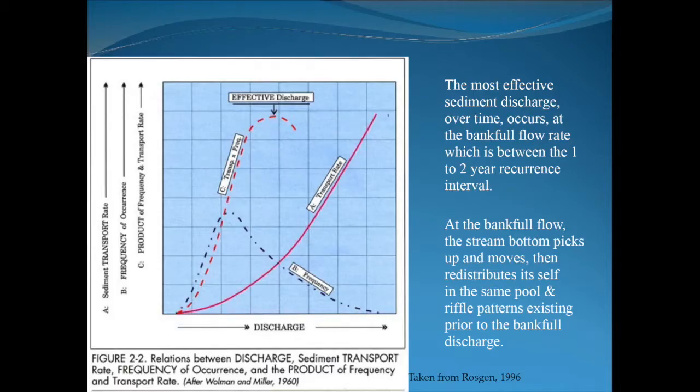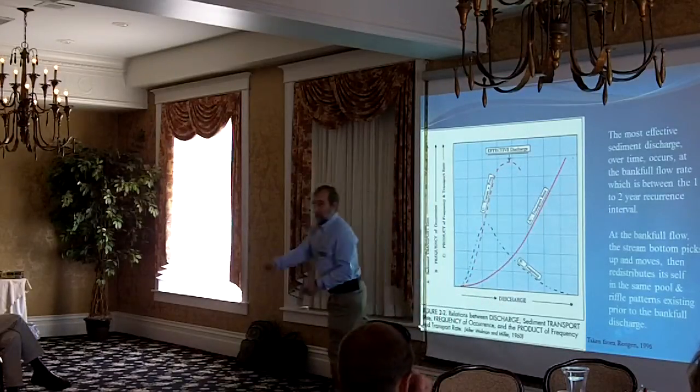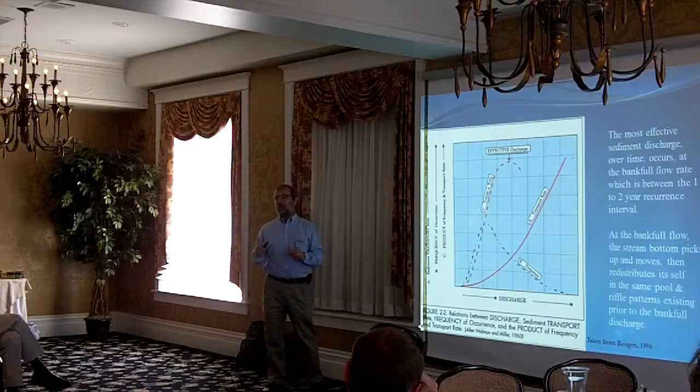This I could go through in great detail, but what it really gets to is that it takes the sediment transport rate and the number of times the flow event occurs and determines that the effective discharge is between the 1 and 2 year flow event. The 1 and 2 year flow of the river.